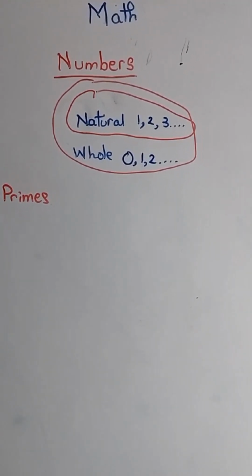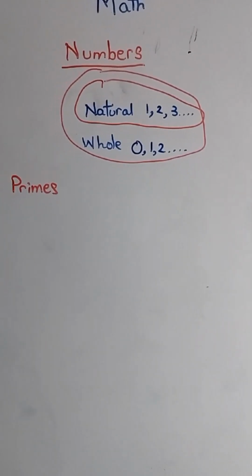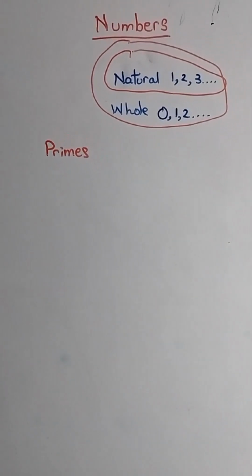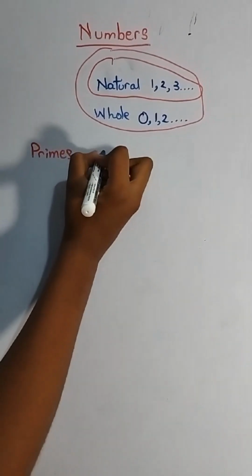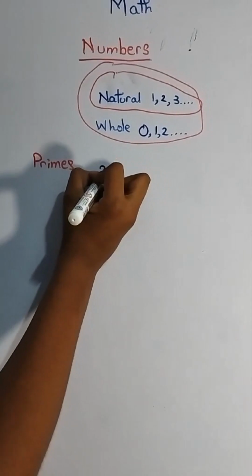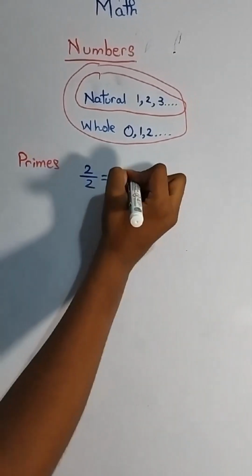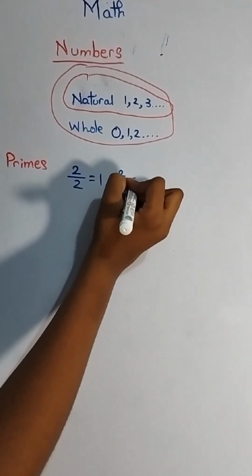Now let's learn about prime numbers. Prime numbers are any numbers which are only divisible by themselves or by 1.